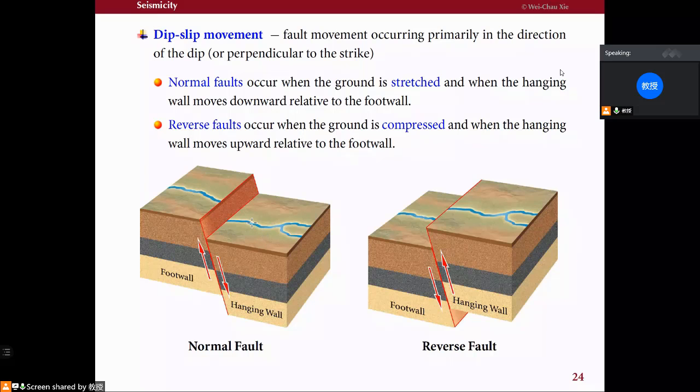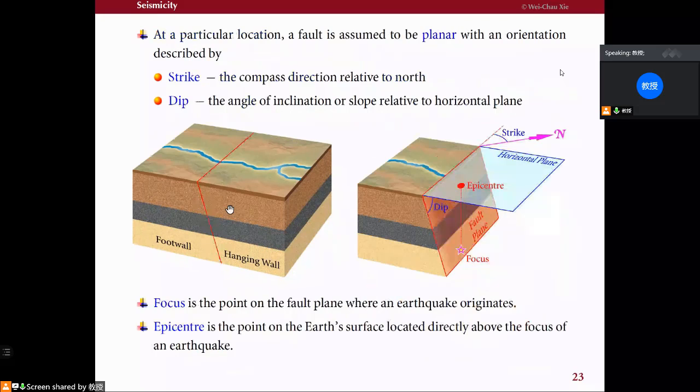These two parts can move relative to each other. We have the dip-slip movement, fault movement occurring primarily in the direction of the dip, along the slope or perpendicular to the strike. Normal faults occur when the ground is stretched and when the hanging wall moves downward relative to the foot wall.